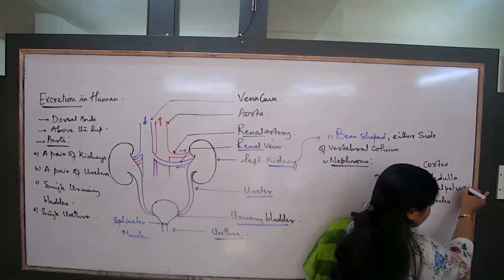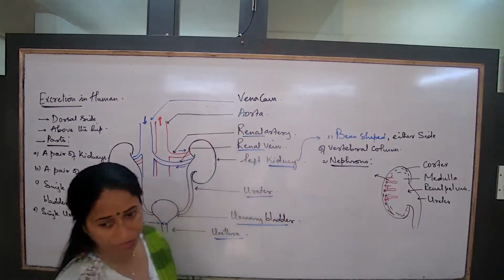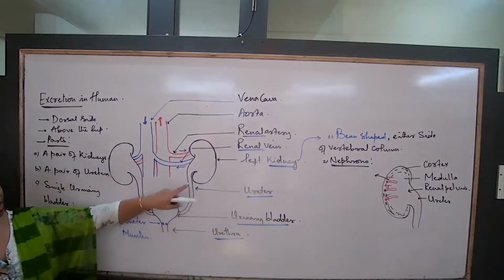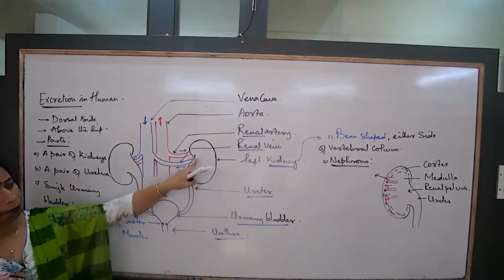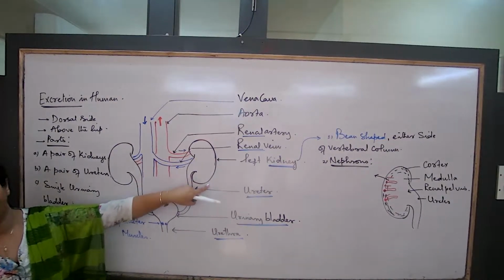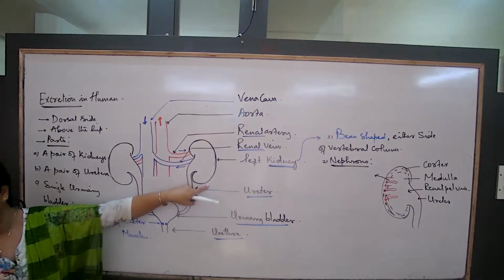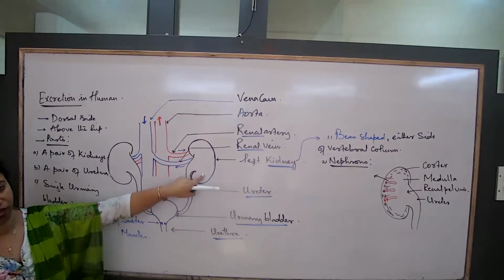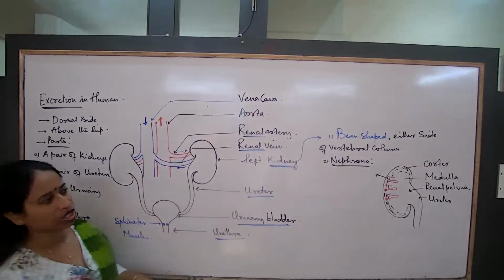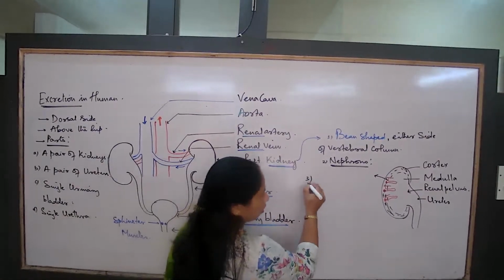Talking about some additional parts of the kidney, I already mentioned that it is a bean-shaped structure, and also remember that the outer wall is convex, a convex curved structure, and it has the medulla.